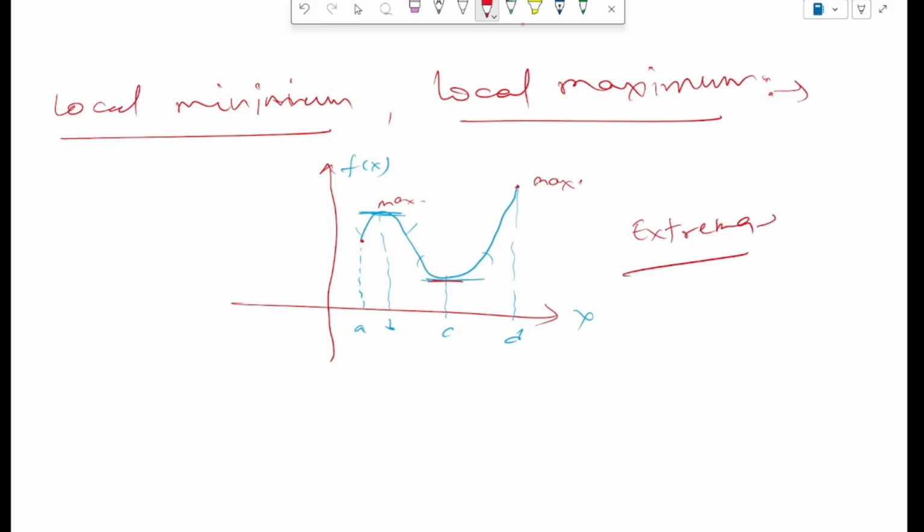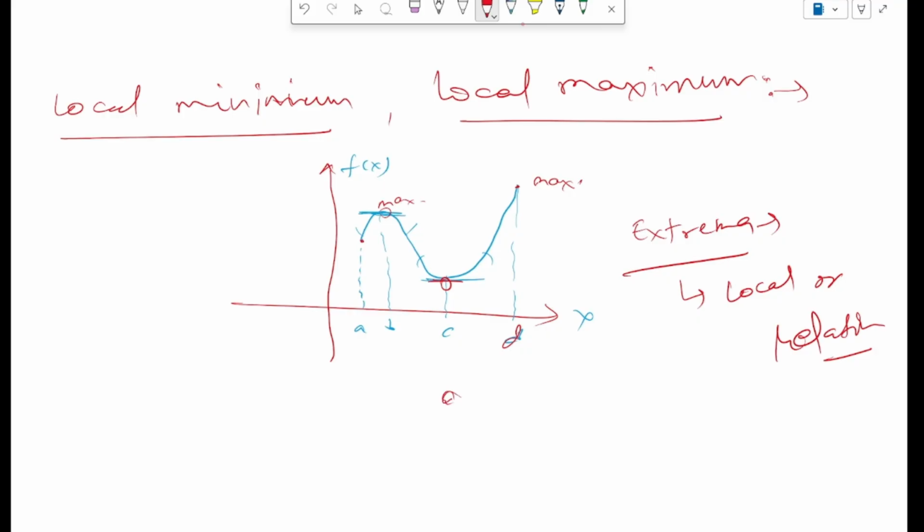Extrema, either maxima or minima. So these maxima and minima which are inside the graph are called local or relative maxima, relative extrema. But to find absolute maximum or minimum, we need an interval in which we are talking about it.